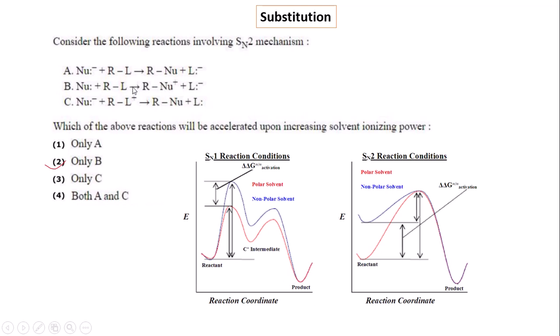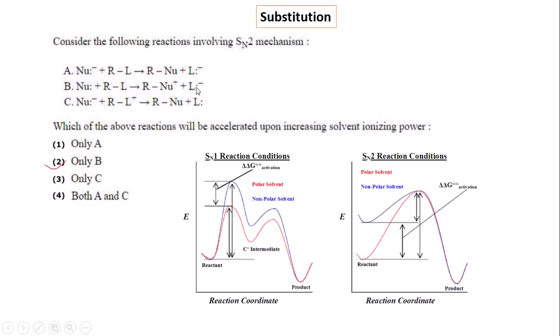We know that, considering the following reactions involving the SN2 mechanism, increasing the polarity will accelerate the reaction if the product is more polar, meaning the reaction rate becomes more enhanced compared to the starting material.